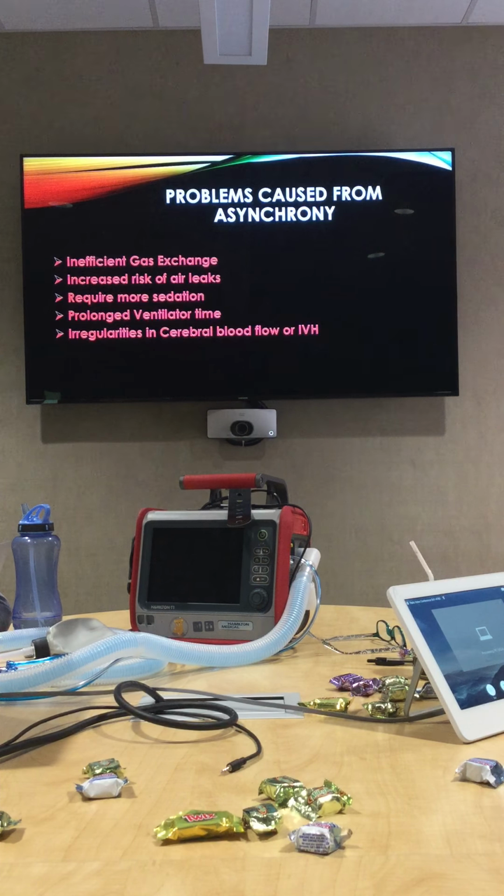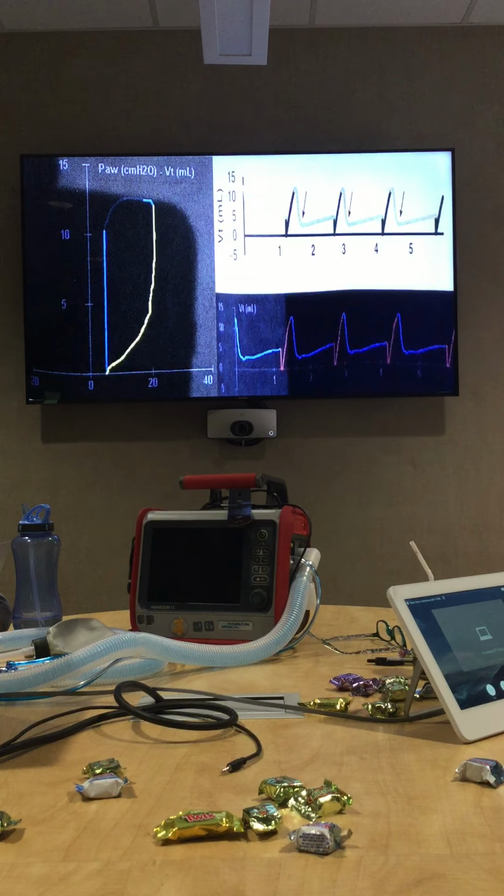Going back a few things here, it brought me to this again, sorry. When wouldn't I want to use ASV on a patient? When their lung isn't suitable. There are some definite contraindications.